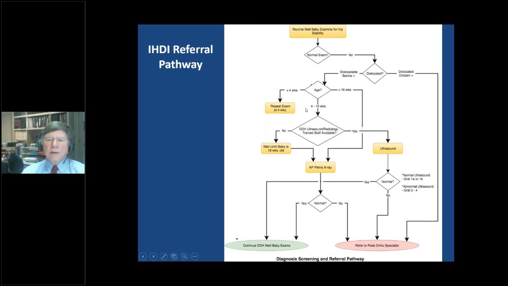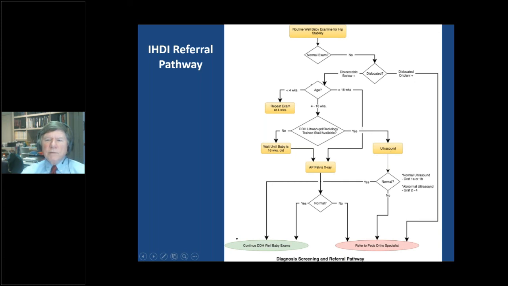Now that in-between age, if you repeat the exam at 4 to 16 weeks, at this stage, you're going to get an ultrasound in radiology or repeat the exam. If the ultrasound shows an abnormal hip, here's the ultrasound, you refer the child.